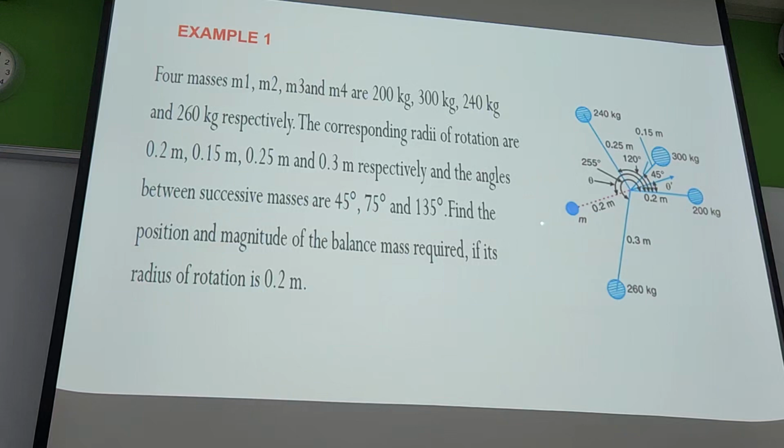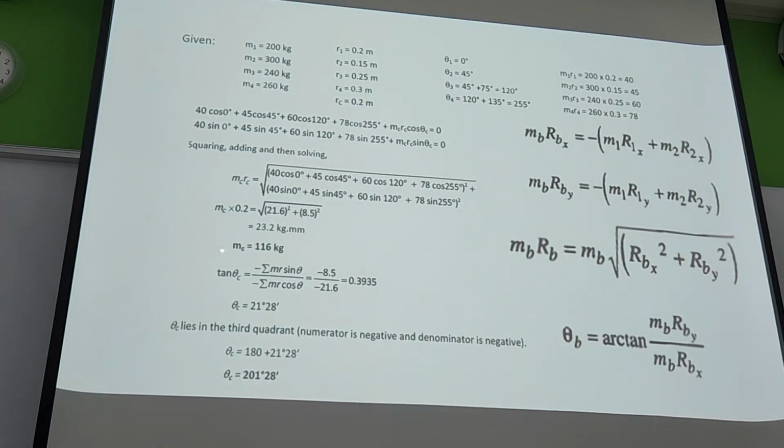So the counterbalancing mass you are calculating, the distance is given 0.2 meters, right? So that mass we calculated as 116. Okay, so this is for simple static balancing. So sum of the mass forces acting on the system must be 0.